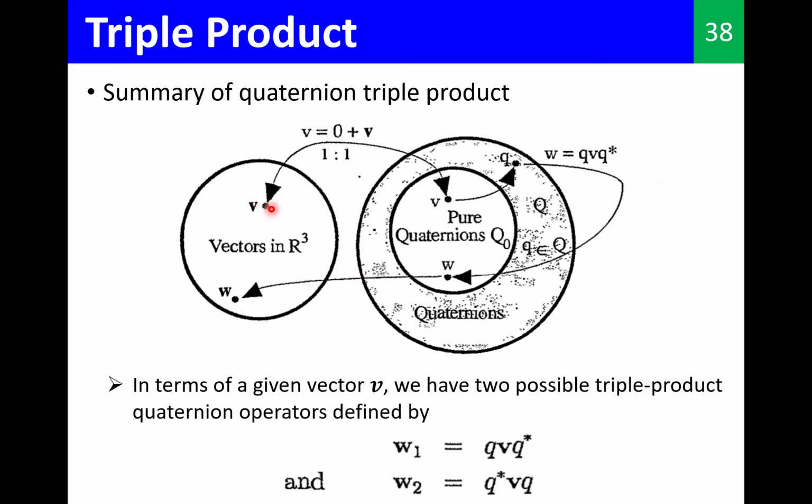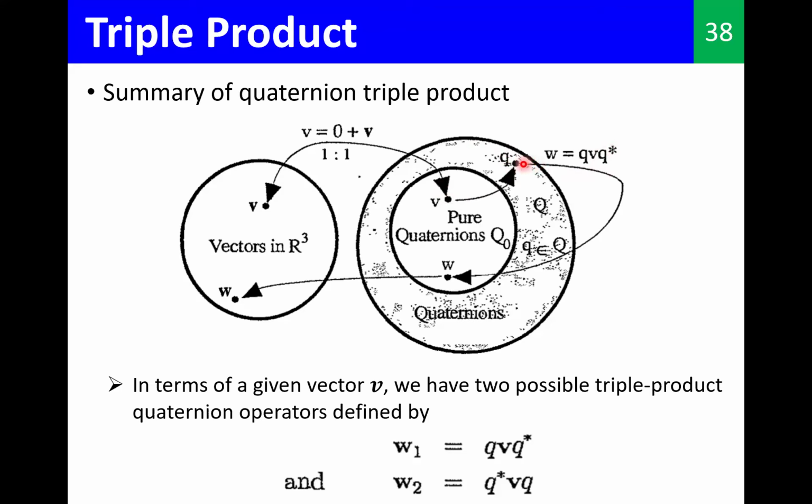Okay, so graphically, let me show you. There was this vector, and there is a corresponding pure quaternion, and I wanted to apply this general quaternion on this one, and I made use of the triple product, right, with the help of the conjugate, right?